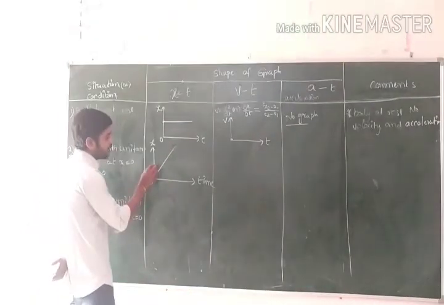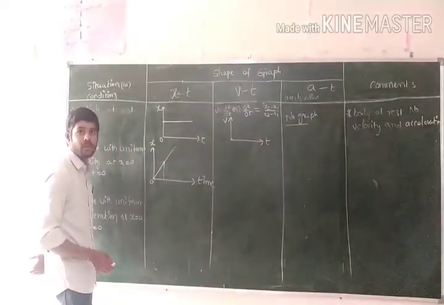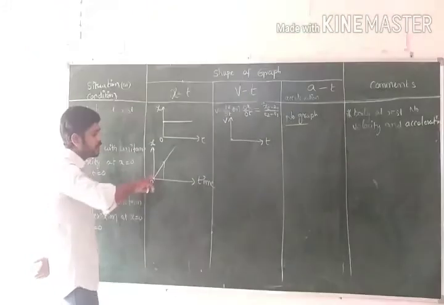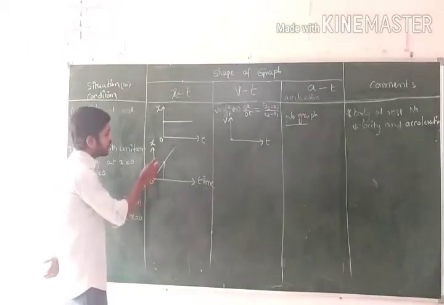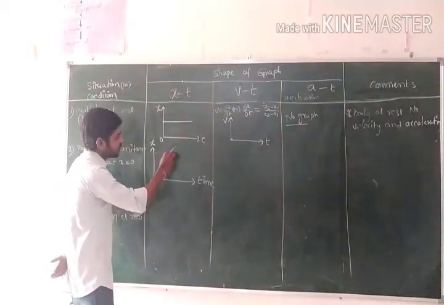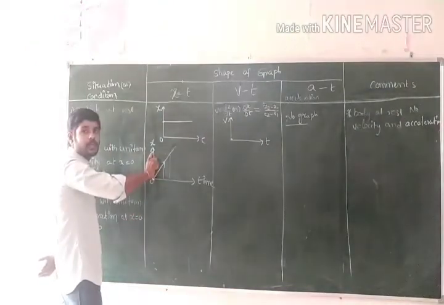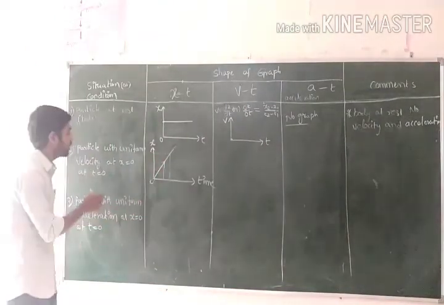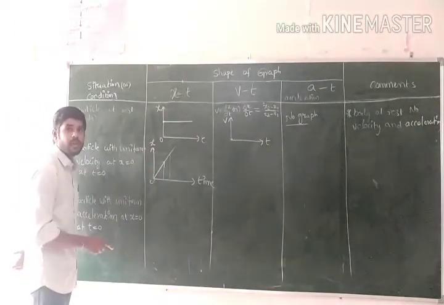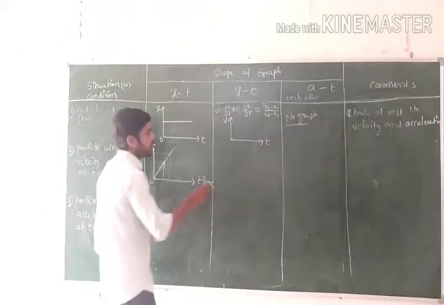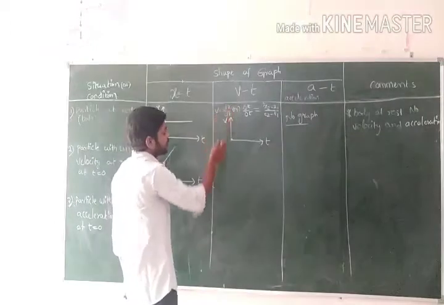You can find the slope anywhere, from here to here, and definitely that should be equal. That is called uniform, constant. We can show in a graphical method that it is equal: for this place also the distance and time are equal to this place. That is the case we can call uniform velocity. That is displacement versus time, and similarly now we need to derive the velocity versus time graph.